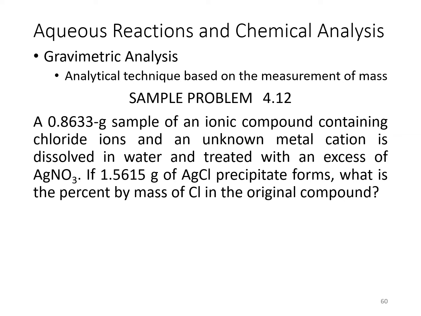If you measure that to be 1.5615 grams of the silver chloride, what is the percent by mass of chloride in the original compound? Okay, so this is the problem we're going to try and go through.